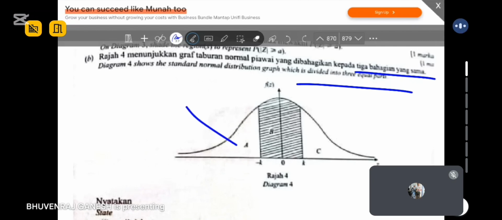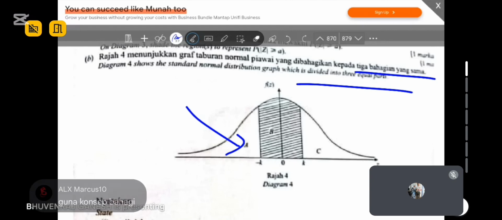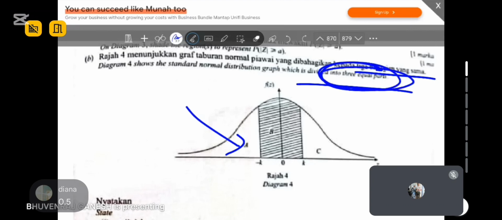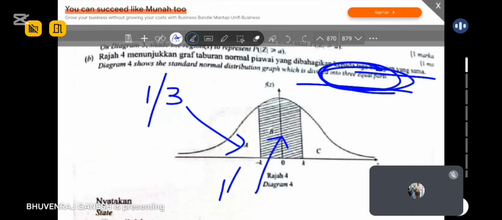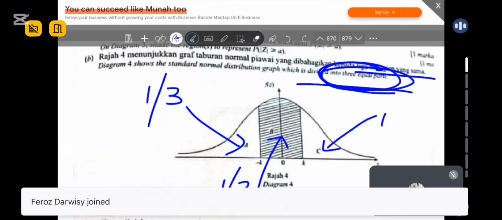So can I ask you, what is the probability for A, guys? Anyone? What's the answer? Come on. Guys, 3 equal parts. Yes, 1/3. A is 1/3, B is 1/3, C is 1/3.